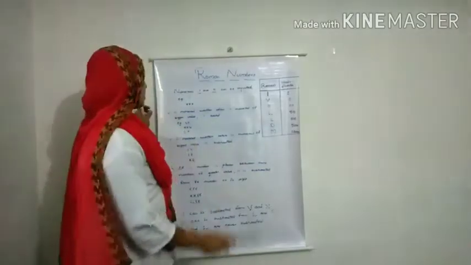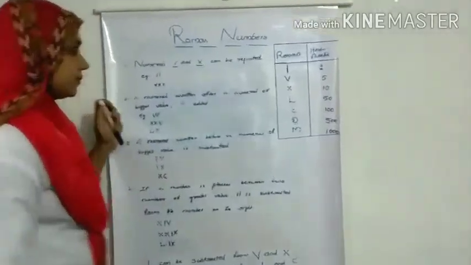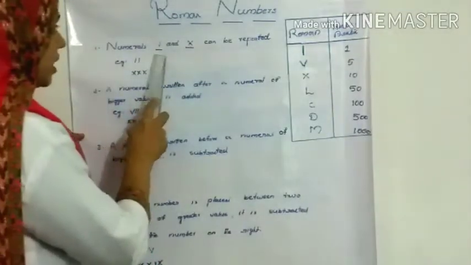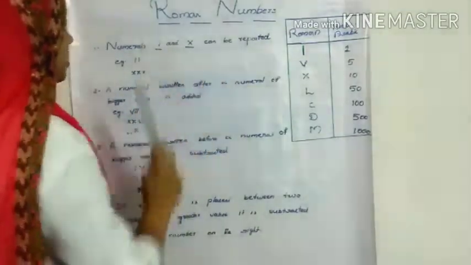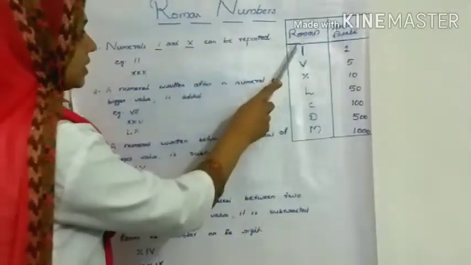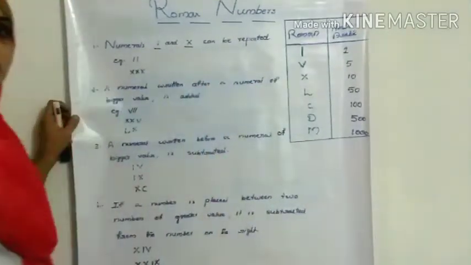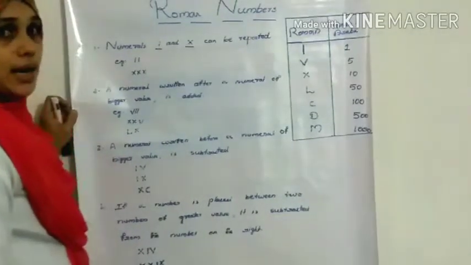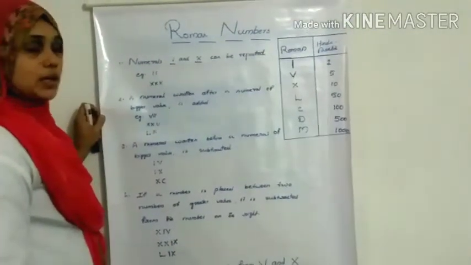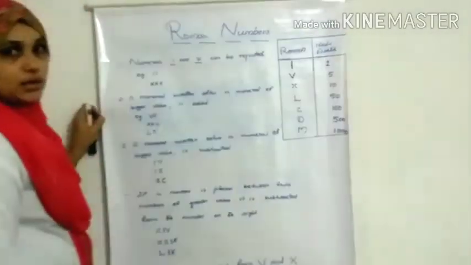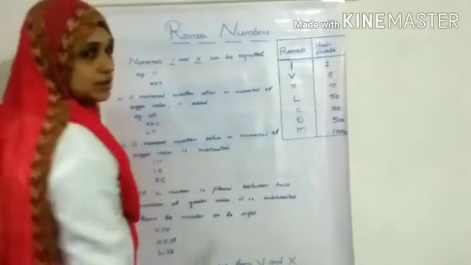First rule: numerals I and X can be repeated. Repetition means addition. We can repeat these for writing numbers.